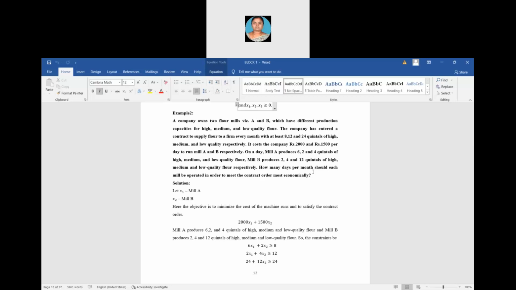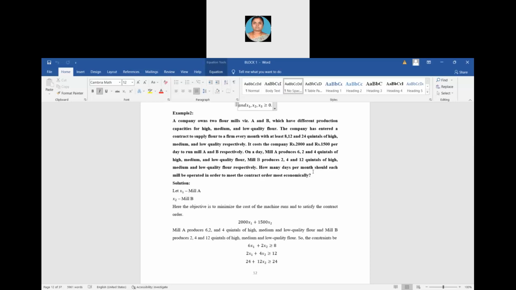Now we can assign x1 as mill A, and x2 for mill B. And the objective is to minimize the cost of the machine runs and to satisfy the contract order. That is, the amounts we have here, rupees 2000 and rupees 1500, are for maintaining the machine. So for maintaining the machine we have to put some investment.